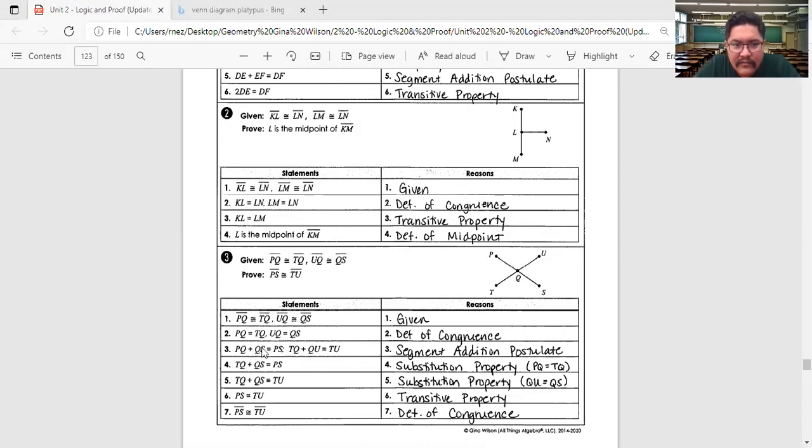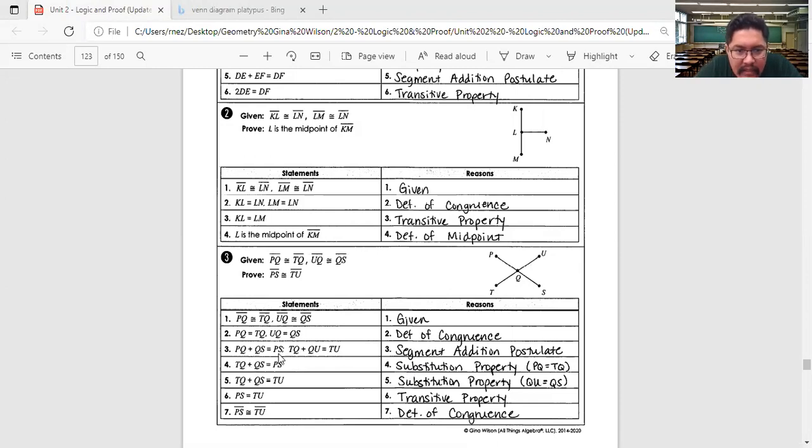If I have two of the shorter segments, I can add them up to the longer segment. So TQ and QU, this whole segment here is equal to TU. And that's the segment addition postulate, which says the total length of a segment is all of the smaller segments added together.